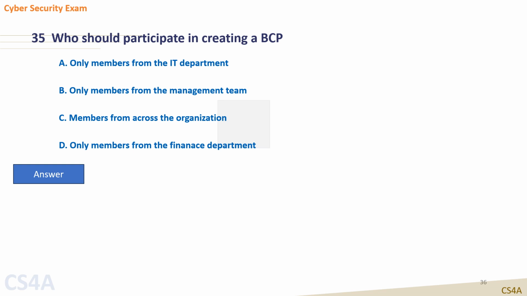And members from across the organization. This is correct, because the persons in each department know their business operations, and they can identify the business critical functionalities, so that is helpful for creating the BCP. So option C is the correct one.